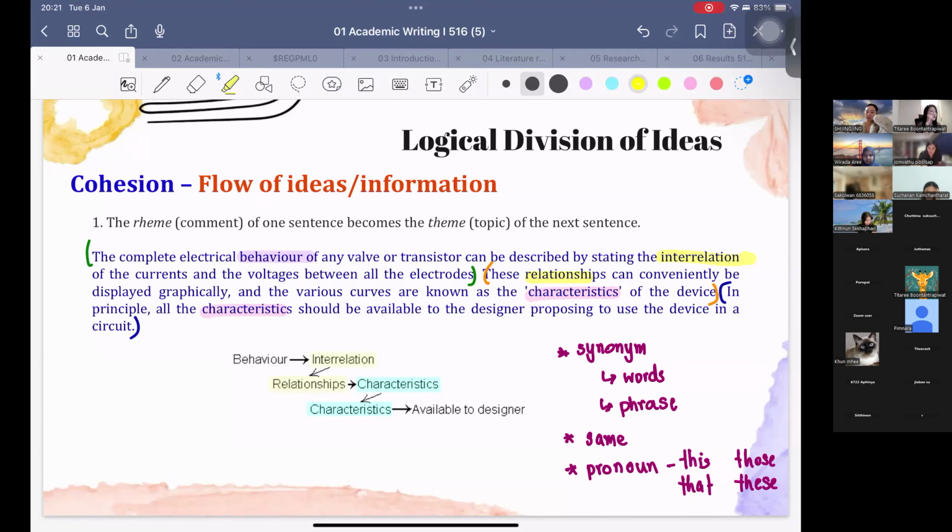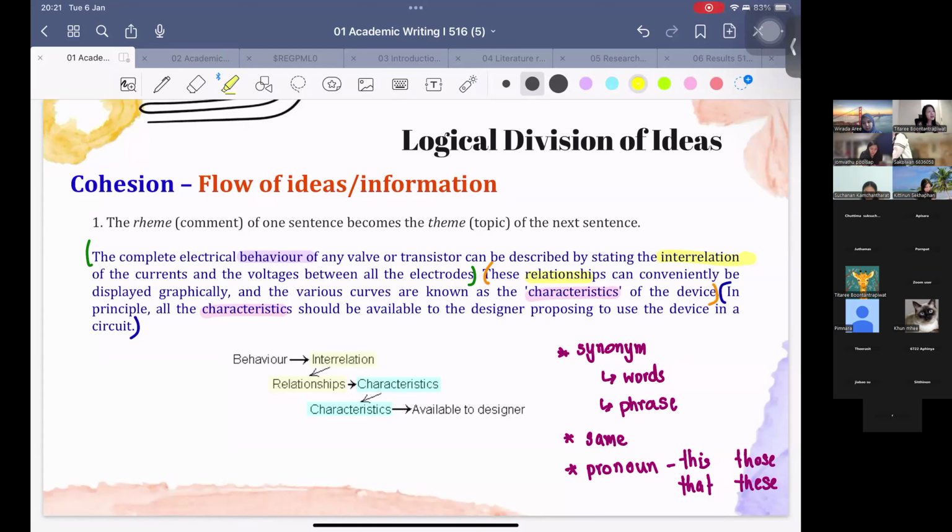When you need to link the idea from one sentence to the next, you're going to see that this one talks about the complete hierarchical behaviors of something, and these behaviors have somehow interrelations.